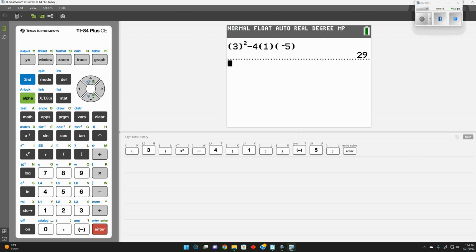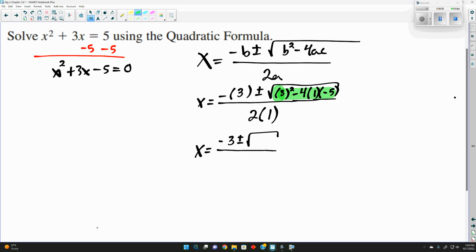If we do it in the yellow calculator, okay, 29, I can go second square root 29, hit enter, and see that it's still the square root of 29. And 2 times 1 is 2. There are no like terms. There's no way we can reduce this, so this here is our answer.